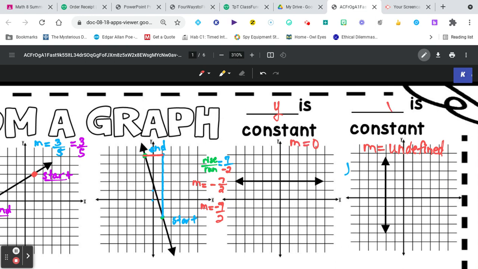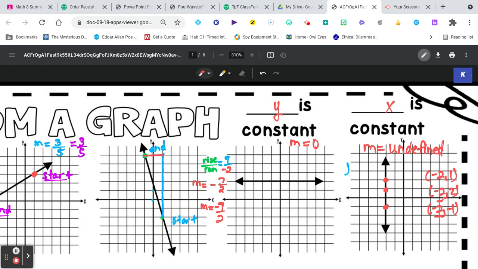In this particular case, x is constant. And if I name this point right here, that's to the left 2 and up 1. So that would be -2, 1. If I name this point, it would be -2, 2. If I name this point, it would be -2, -1.